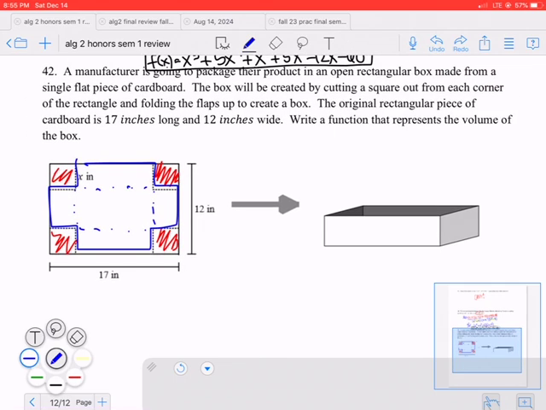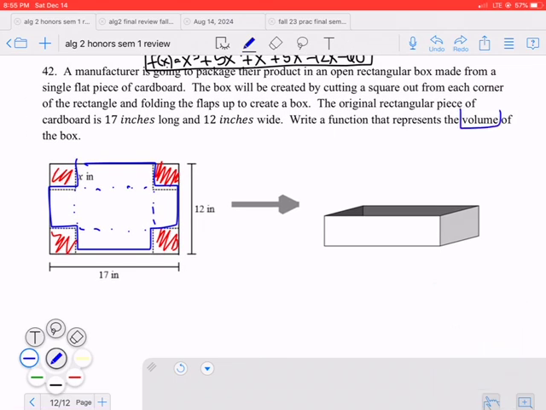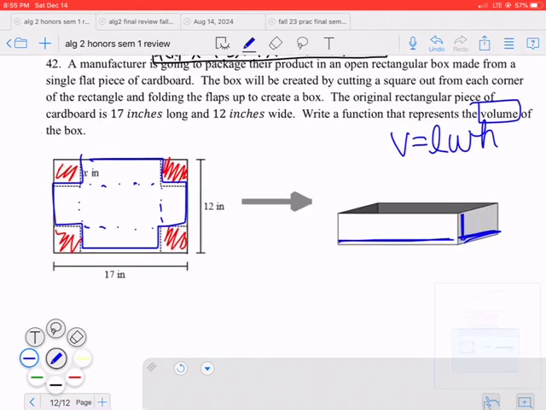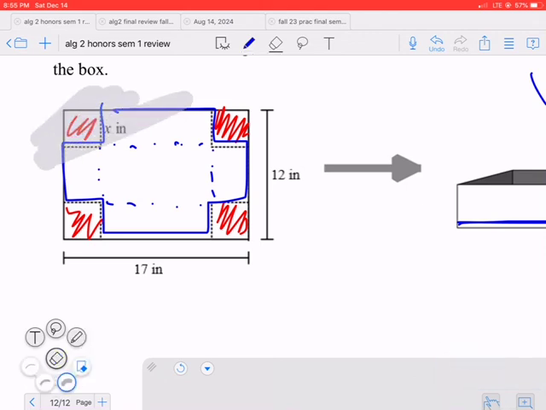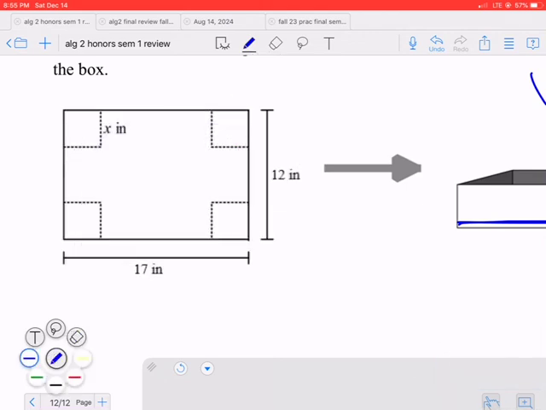Write a function that represents the volume. Volume is length times width times height. So now let's talk about this. I'm going to erase that so you can see everything. When they cut these pieces away, that's X inches long, this way and this way.